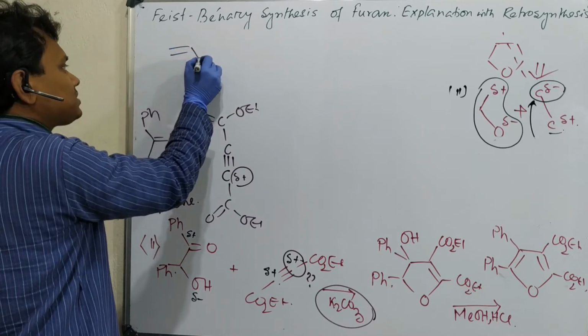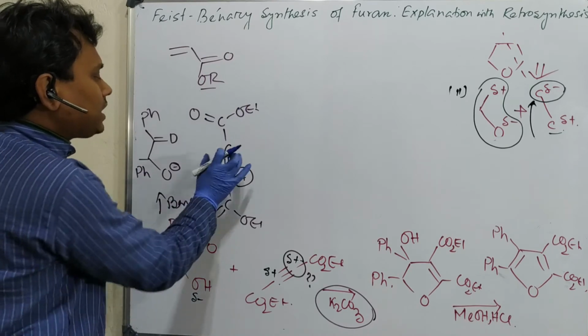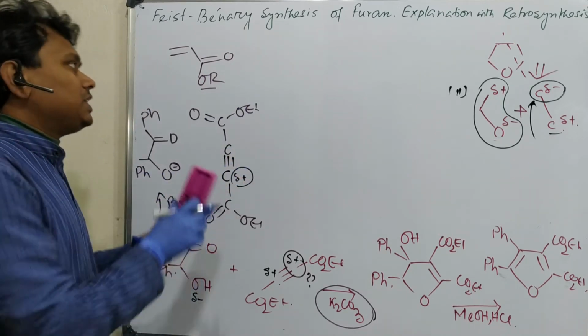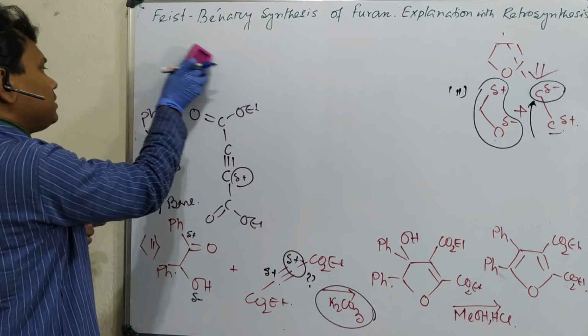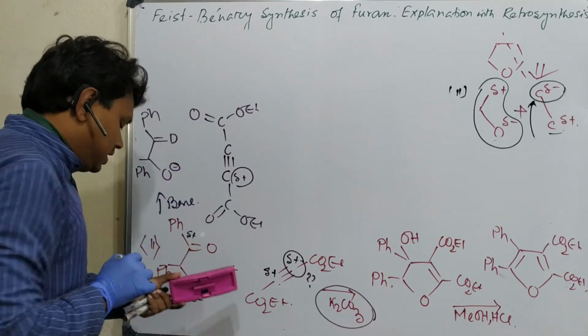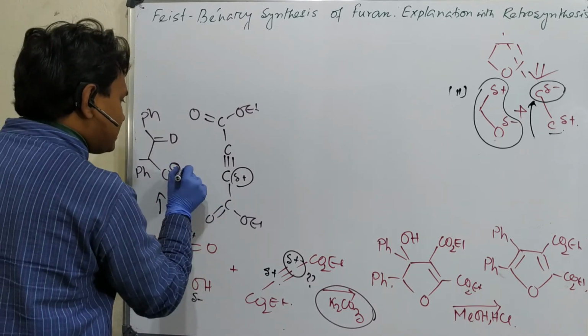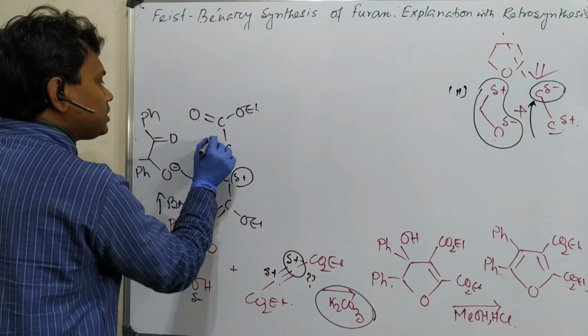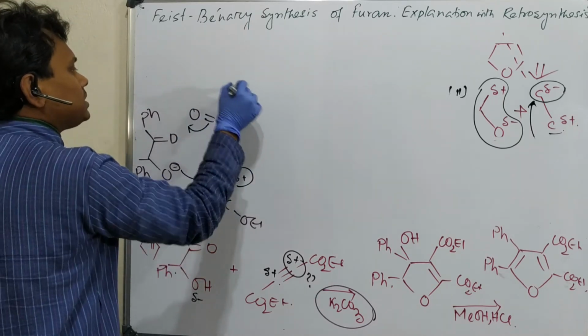And this is an ester, but you can consider it a vinylogous ester. Generally, this thing is called a vinylogous ester. But here the triple bond can also show similar properties. That's why we will consider this also as a vinylogous ester. So what is expected is that this O minus will attack at this carbon. It will come here. It will open. So what is the product?